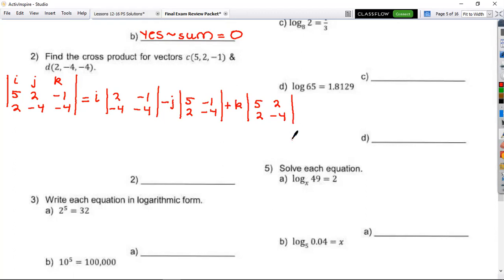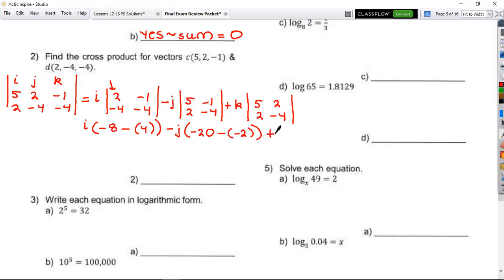Okay, now you're going to find your determinants. So I'm going to take the i, and I'm always going to start right on this leading diagonal right here. So we're going to go -8, and then minus, and then -4 times the -1 is going to give me 4. Next, so minus the j, and then I'm going to go -20. And then minus that -2.